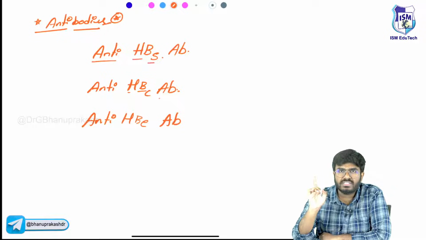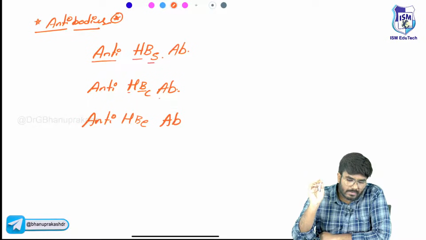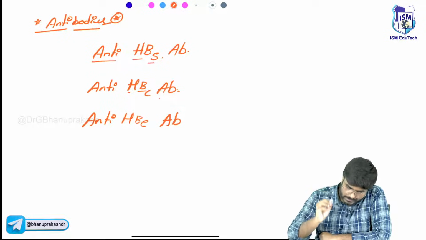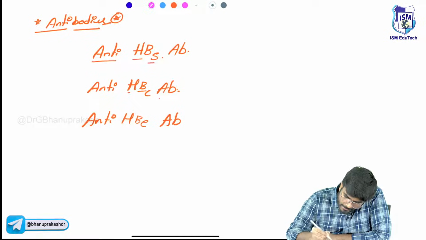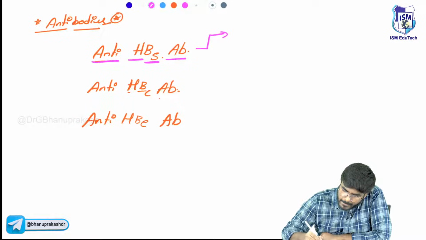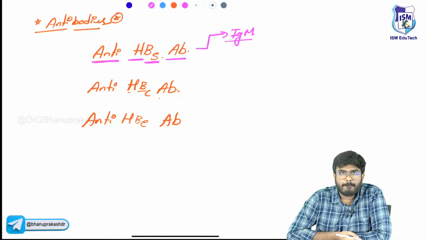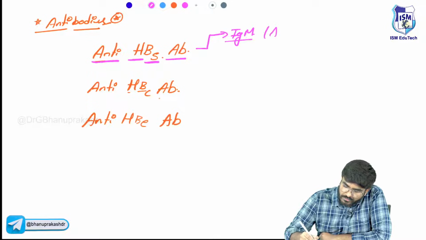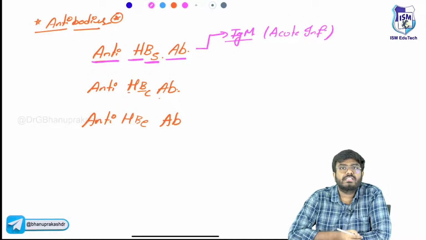The point I want you to know here is, when you see anti-hepatitis B core antibody of IgM type, it indicates acute infection.